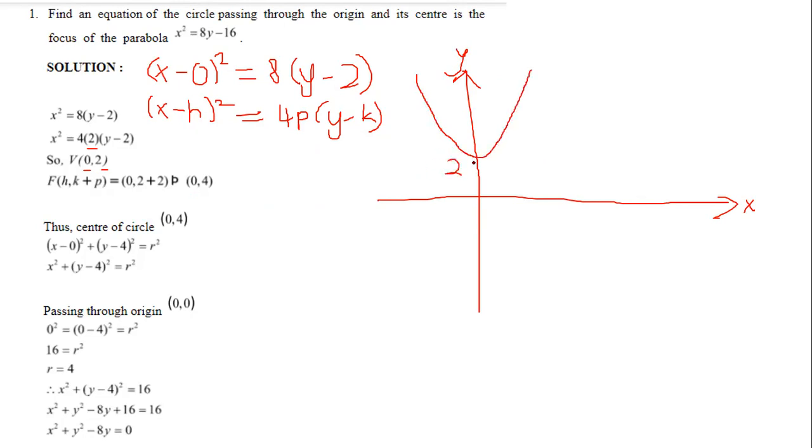The vertex is 0, 2, and its focus is at 4. From this question, it says that the circle passes through the focus of the parabola. So the center is the focus of the parabola. This one is the center of the circle, and it passes through the origin 0 here.